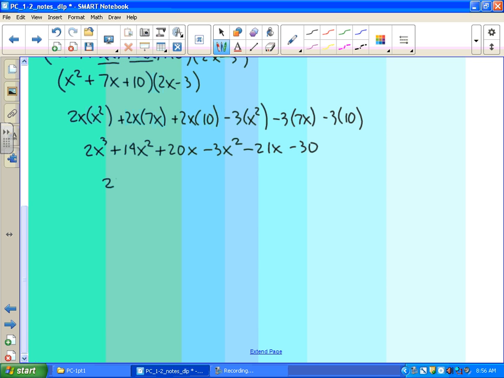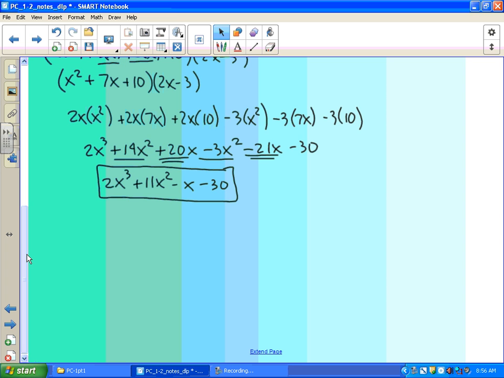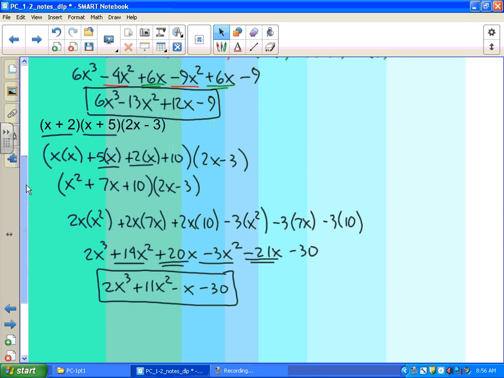Combining all my like terms, there are no other x cubes. I have 14x squared minus 3x squared, giving me 11x squared. 20x minus 21x is negative x, and then minus 30. There we are with my combining like terms after dealing with our order of operations.